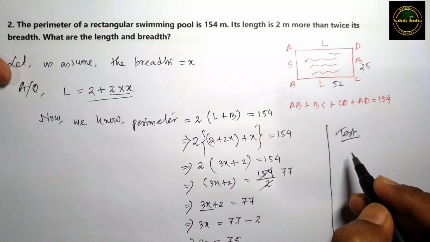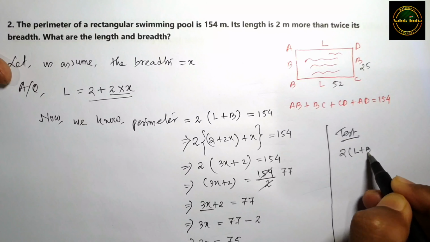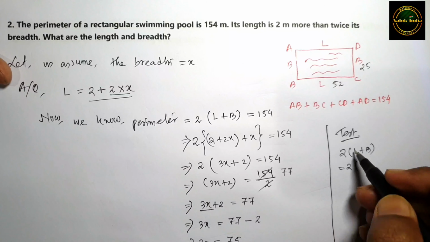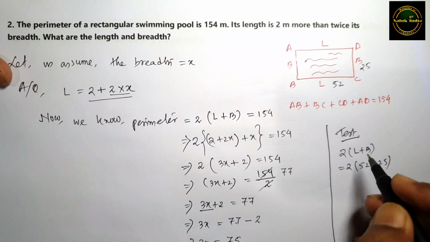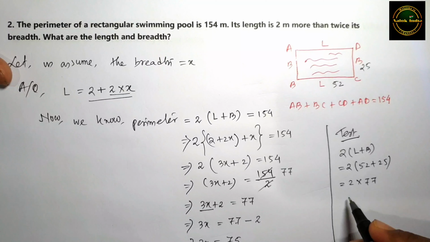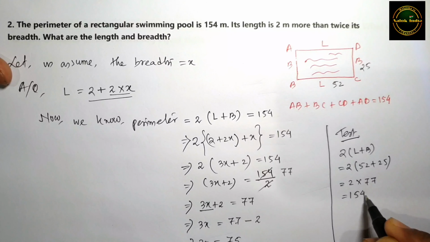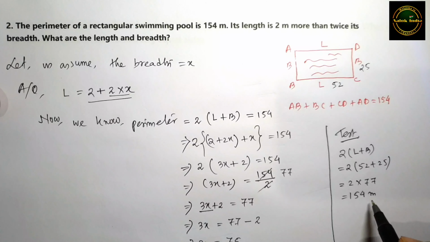As we have discussed, the perimeter of a rectangle is nothing but 2 into length plus breadth. So let us place the values of length and breadth, where length is 52 and breadth is 25. So 2 into (52 plus 25) is 2 into 77, which is equal to 154 meter. In the question they said the perimeter should come as 154, and it matches. So we can say our maths is correct.